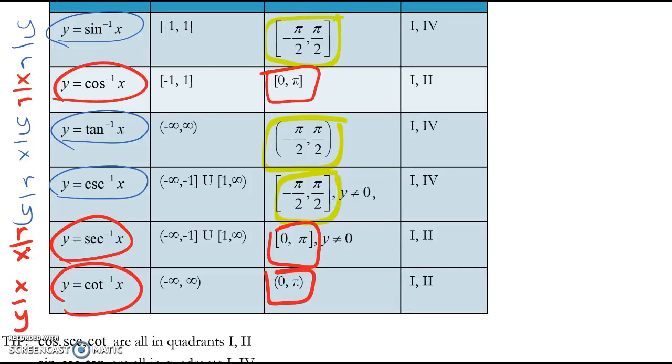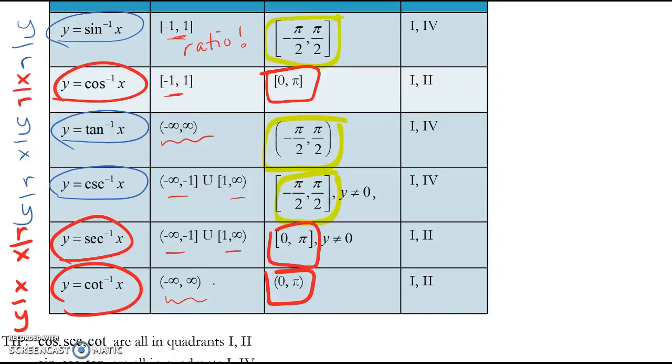Now, if we think about our domains, these are the ratio values that we learned about previously in the year. So we already know that sine and cosine have ratios from -1 to 1, and secant and cosecant have the ratios on the outside of -1 to 1. And we know that tangent and cotangent, those functions can have any ratio values possible.